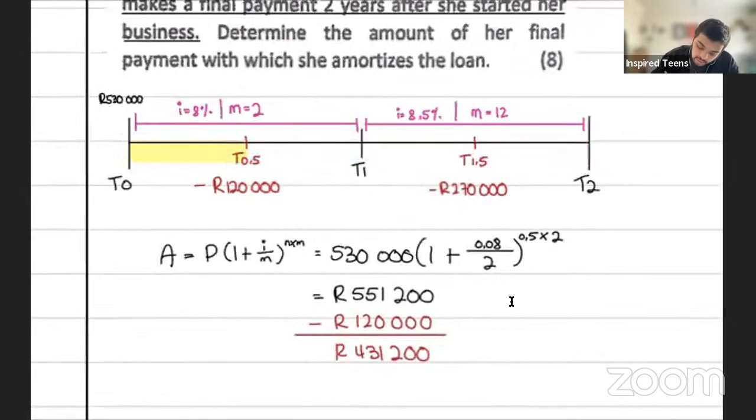And we continue. From the 0.5 mark, we continue to T1. With the amount she owes after 6 months, we then need to grow that amount for the next period until there's another change. So it grows for basically 6 months until there's an interest change.